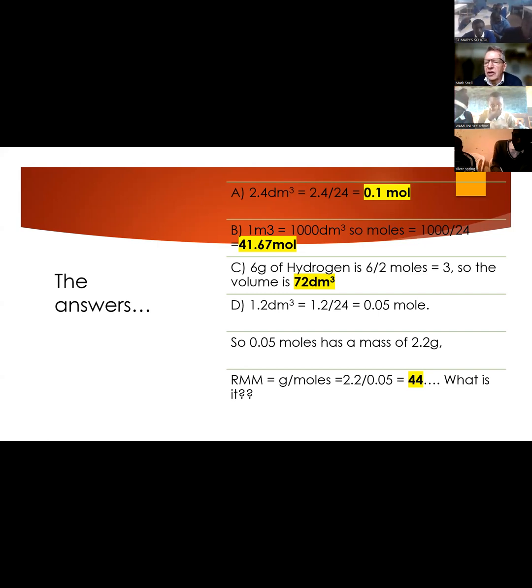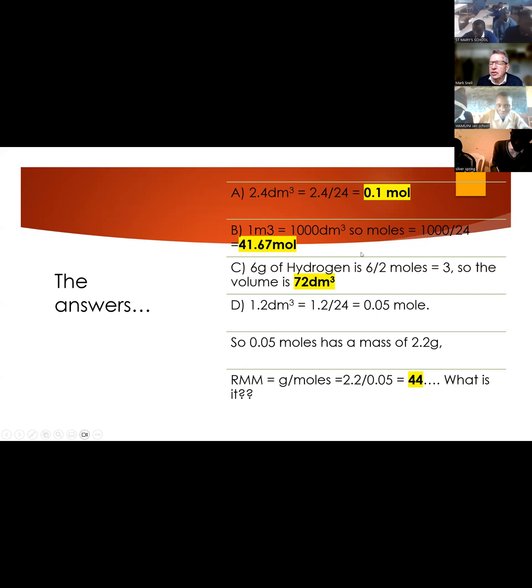That is 100 times 100 times 100, which is a million. And a million divided by 1,000 is 1,000 cubic decimeters. So that is 1,000 divided by 24, which is 41.67, which people like Roy got.